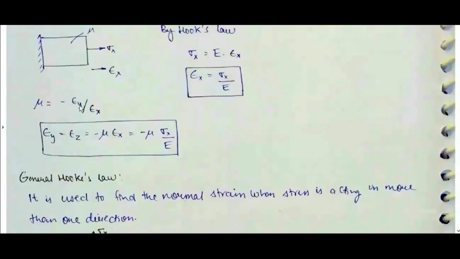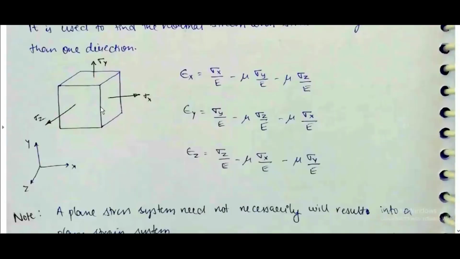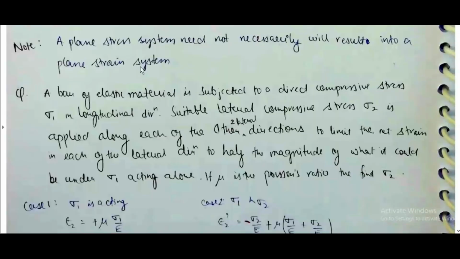If more than one stress is acting, sigma x, sigma y, sigma z in x, y, z directions, then epsilon x is equal to sigma x by E minus mu sigma y by E minus mu sigma z by E. Epsilon y is equal to sigma y by E minus mu sigma z by E minus mu sigma x by E. Epsilon z is equal to sigma z by E minus mu sigma x by E minus mu sigma y by E. A plane stress system need not necessarily result in a plane strain system.